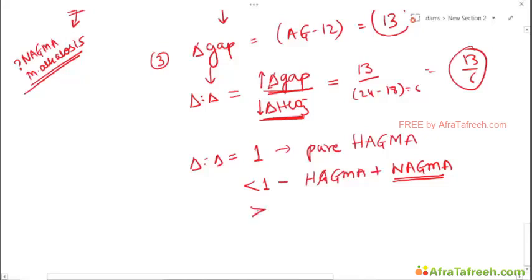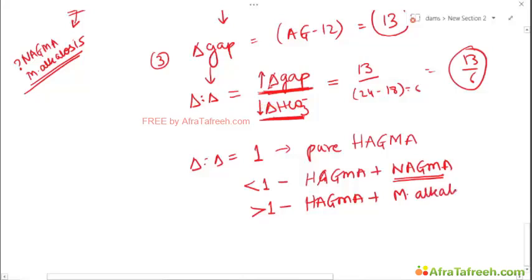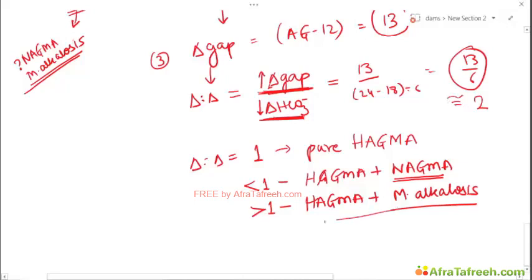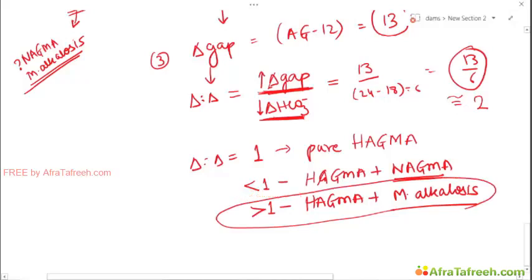If the ratio is more than 1, which means that the fall in bicarbonate is not as much as what is expected from the increase in the anion gap, that means the patient has high anion gap metabolic acidosis plus metabolic alkalosis. So now our patient has a ratio of around 2, which is more than 1, and hence the patient has high anion gap metabolic acidosis plus metabolic alkalosis.